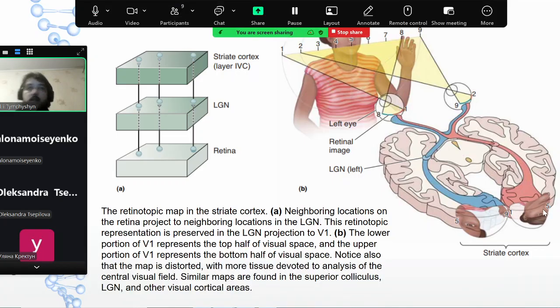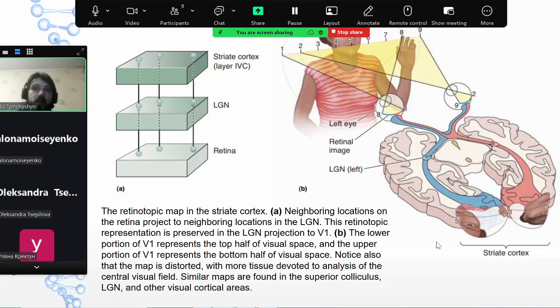So you can see it's turned upside down and looks maybe a little bit strange. The map is distorted, with more tissue devoted to analysis of the central visual field.